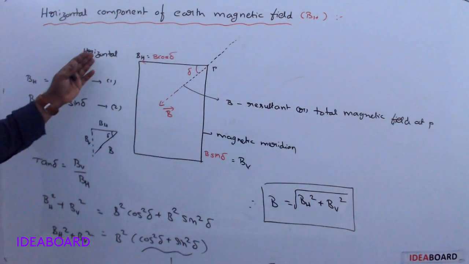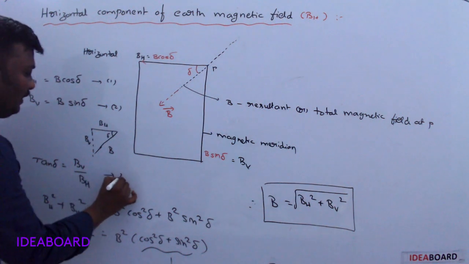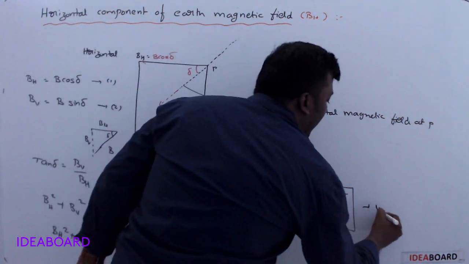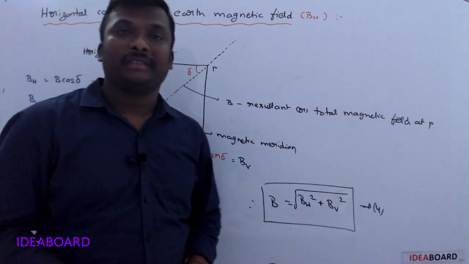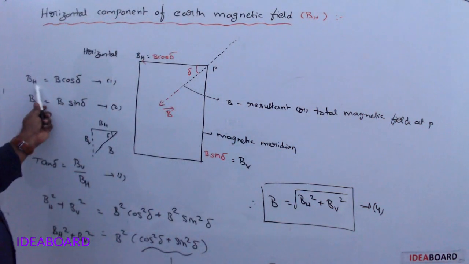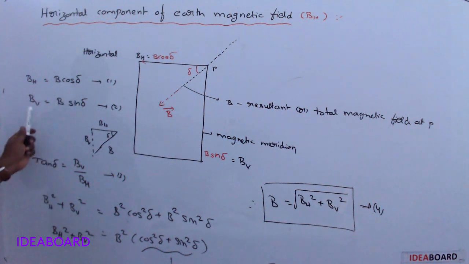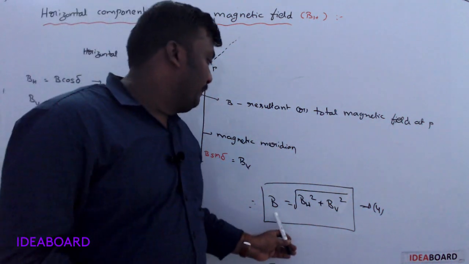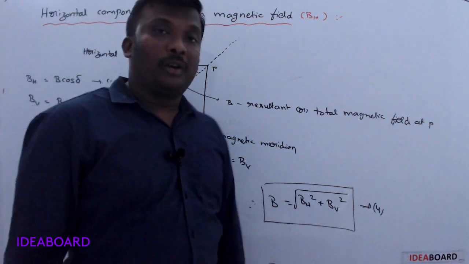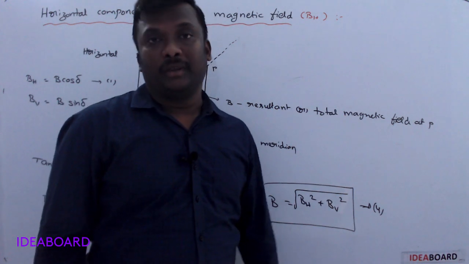So these four formulas, 1, 2, 3 and 4, are very important for competitive examinations. Okay, BH value is what? B cos delta. BV, B sin delta. Tan delta is BV by BH, and B value is under root BH square plus BV square.